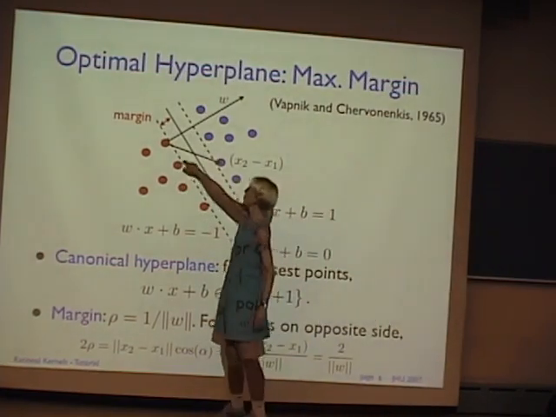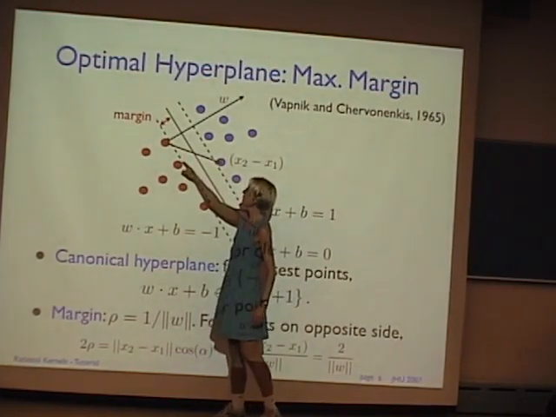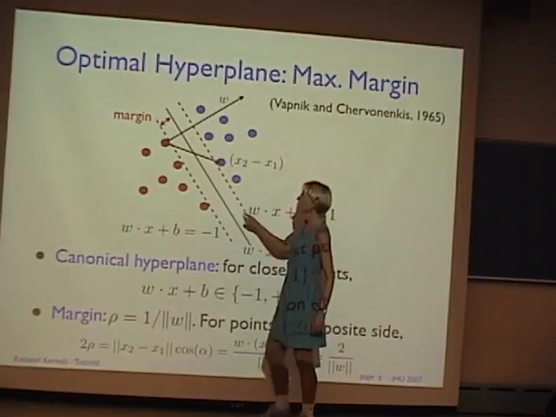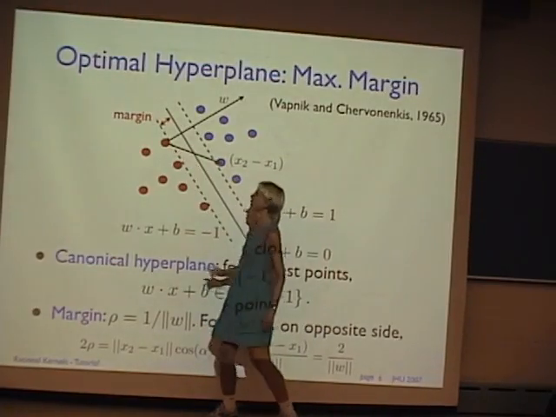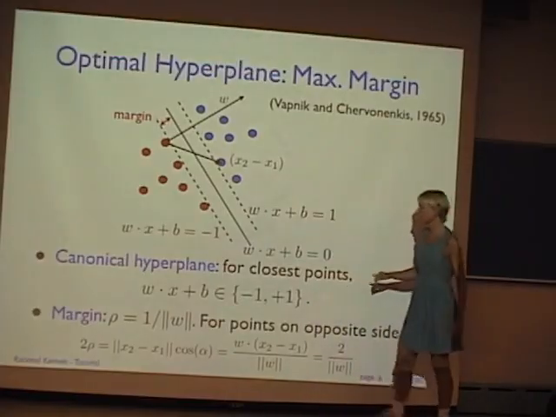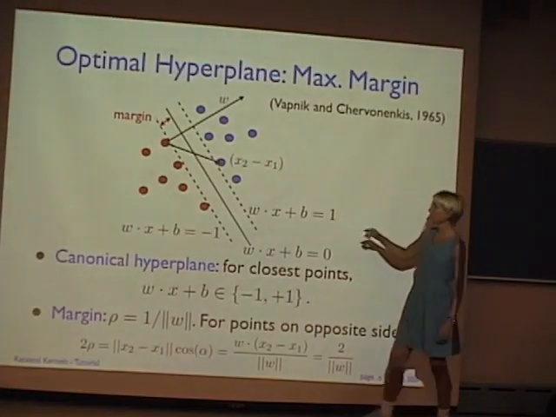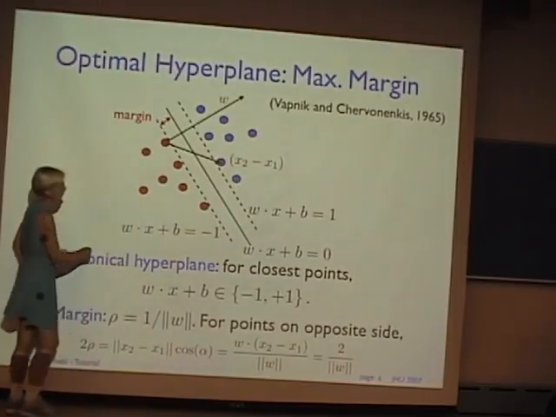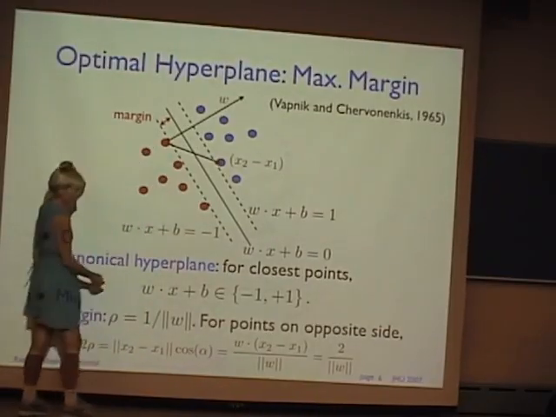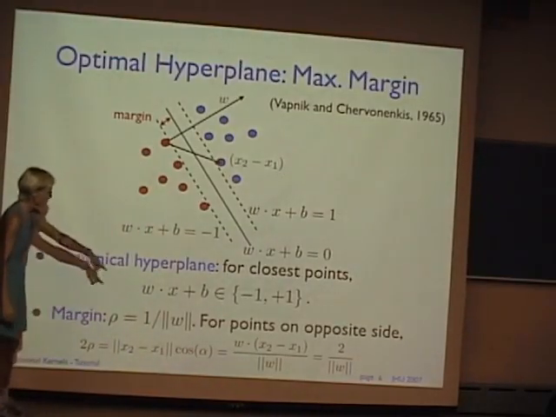The distance between the two lines for -1 and 1 we'll call 2 times the margin. The margin is up to here. And with these conventions, it's easy to see that the margin is actually 1 over the norm of omega.